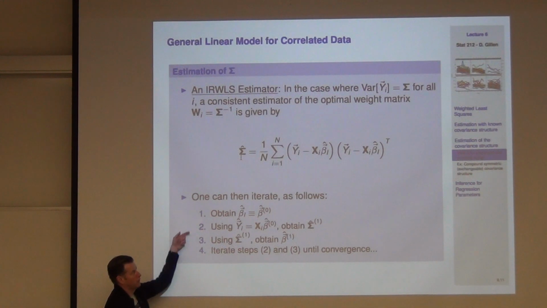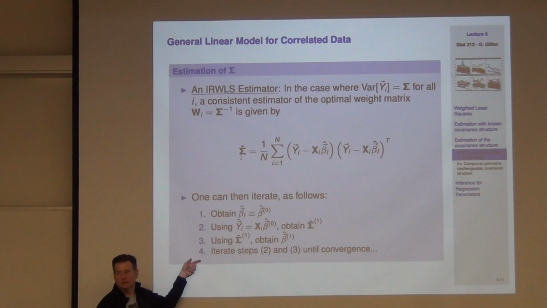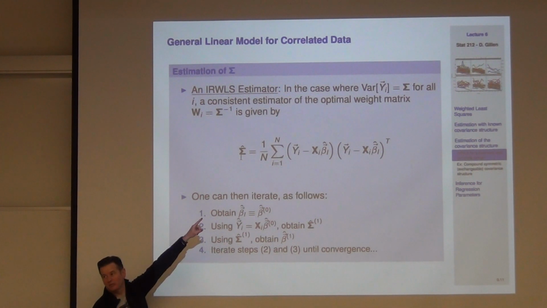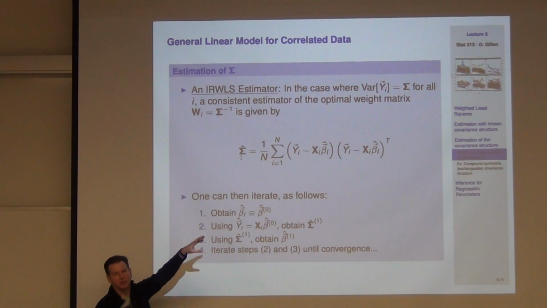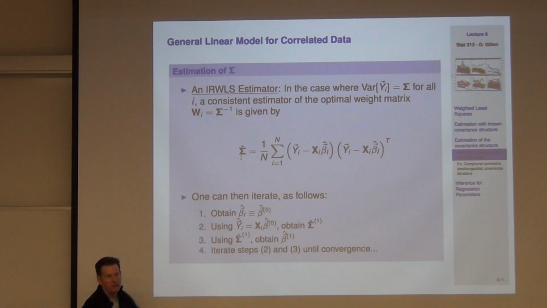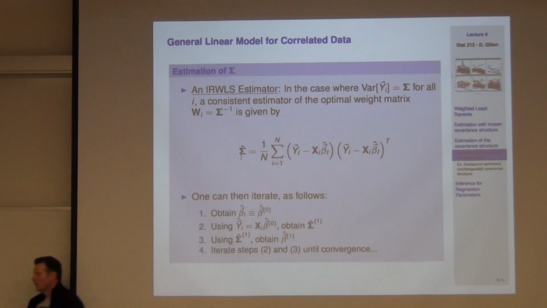This is going to converge down to the MLE in the case where I have complete and balanced data with the common sigma across every one of my sampling units, and I've assumed the y_i's to be multivariate normal. This will be the MLE. That's exactly what it comes down to. So in that case, you will definitely get convergence.